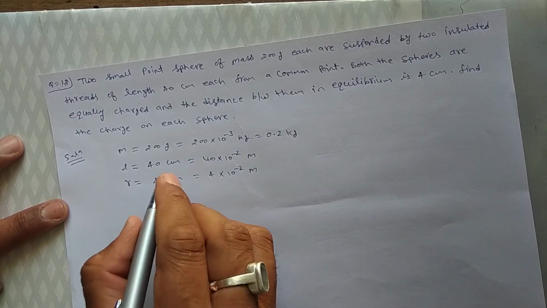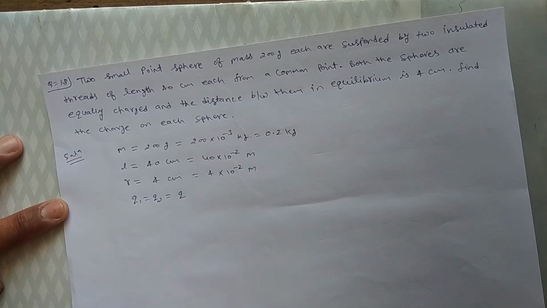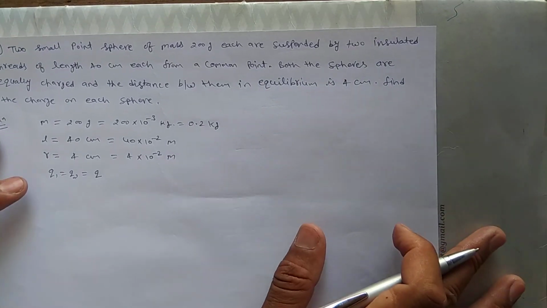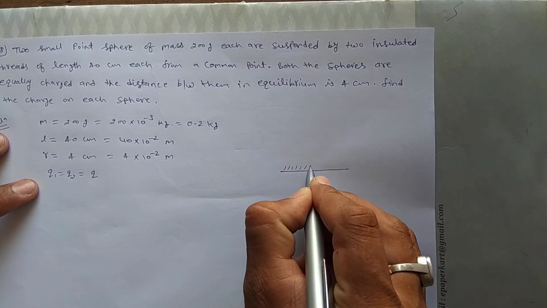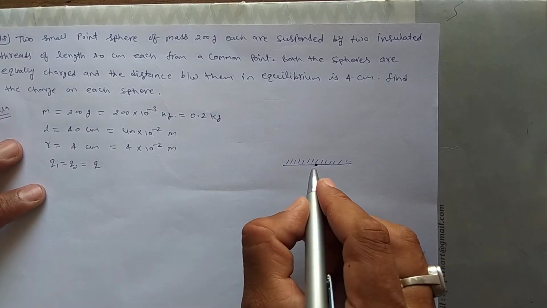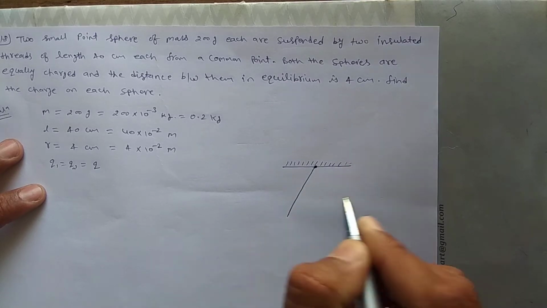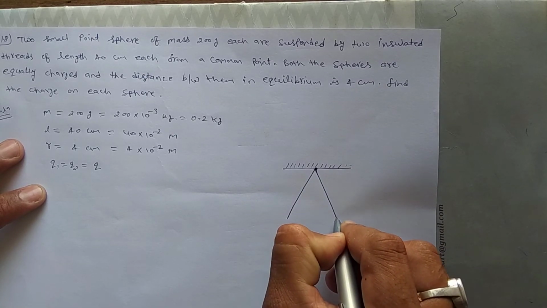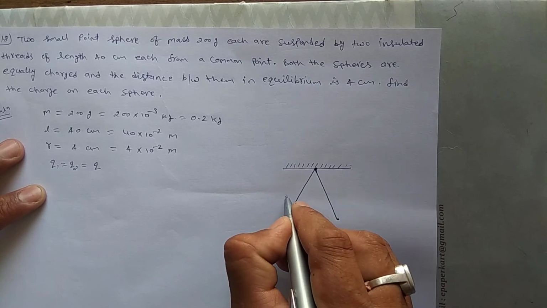And the charge of the point spheres, Q1 is equal to Q2 is equal to Q. From this question, we draw a figure like this. Suppose this is a rigid base and this is the common point, and this is an insulated thread, and this is also an insulated thread of length 40 centimeter, L.